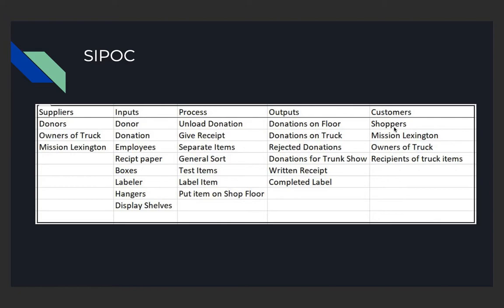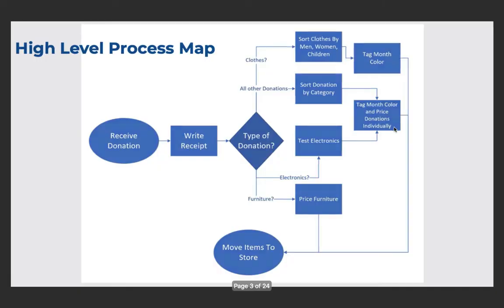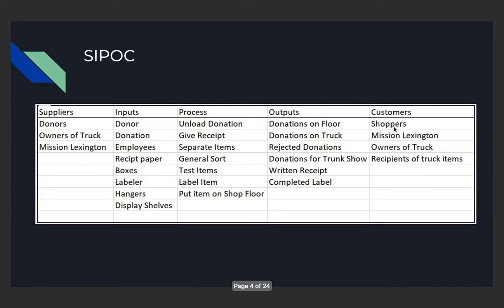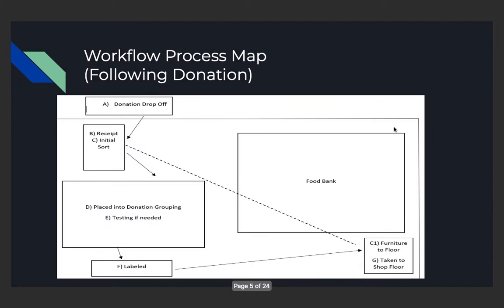They help the team understand the process in more detail, because if you don't understand the process at a high level of detail, how can you be expected to analyze and then improve upon it? This looks like a workflow, showing where items are received, where they go once received, and how they work their way to the shop floor.